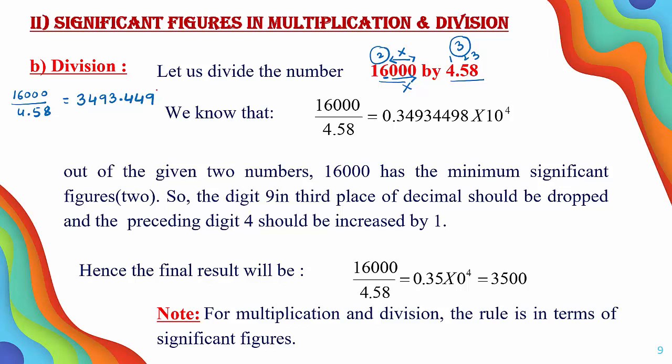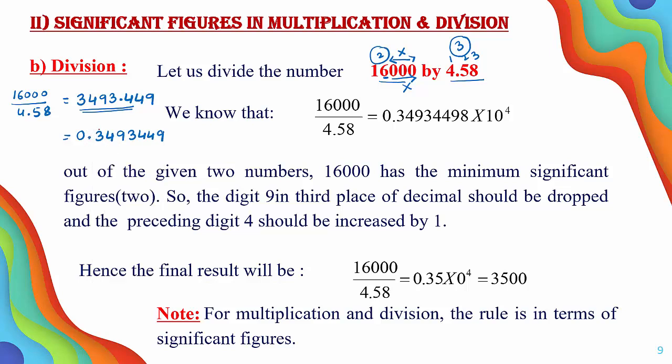This number can also be written by moving the decimal point in the backward direction. I am going to write 0.3493449.